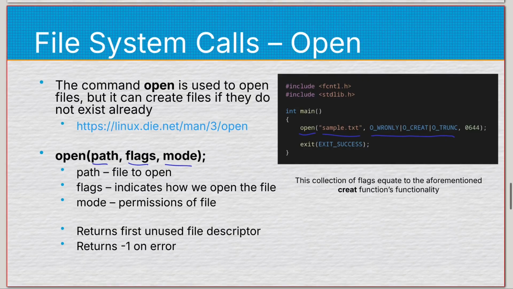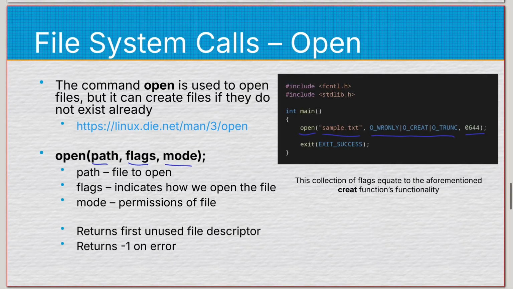So we are essentially making a collective of these flags, specifying how I want to open this file. Not permissions, but what type of way am I intending to interface with this file? Because technically mode is the actual file permissions of 0644, just like creat.